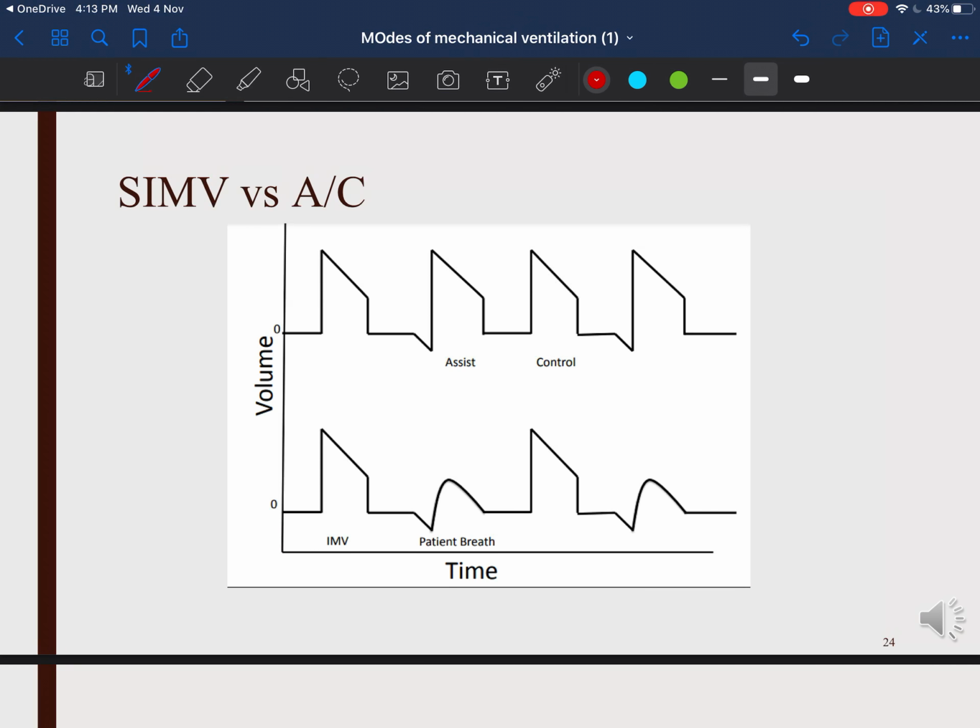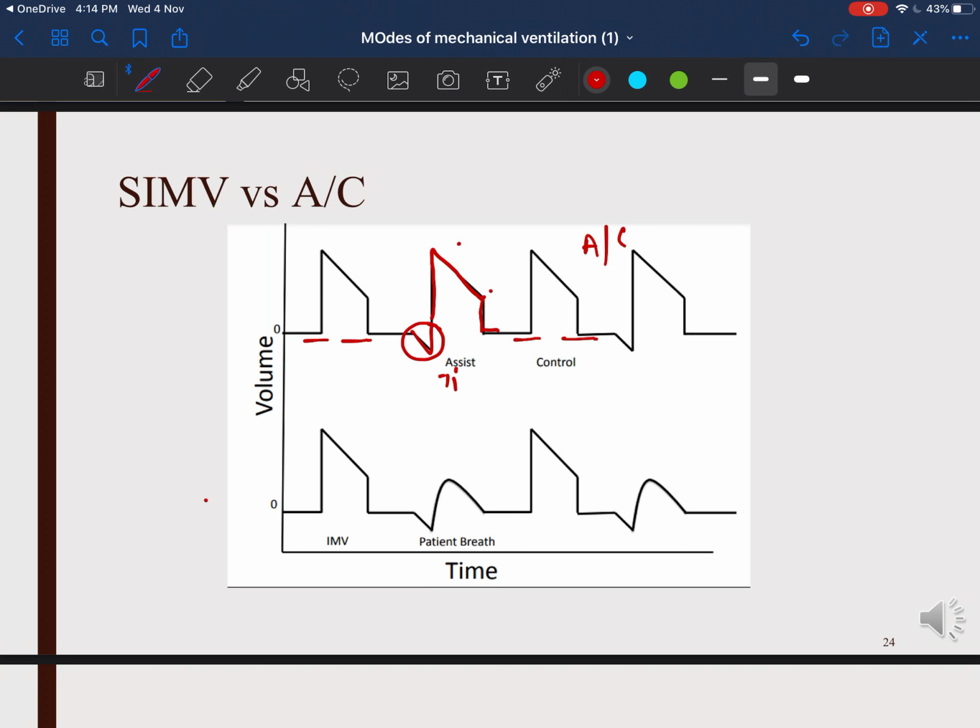So, this top one is an assist control mode where mandatory breaths are given. In between there is a negative deflection, which means the patient has triggered, then the ventilator will give the target set by you and the ventilator will limit the breath. So, the target, your cycling and your time are determined by the ventilator.